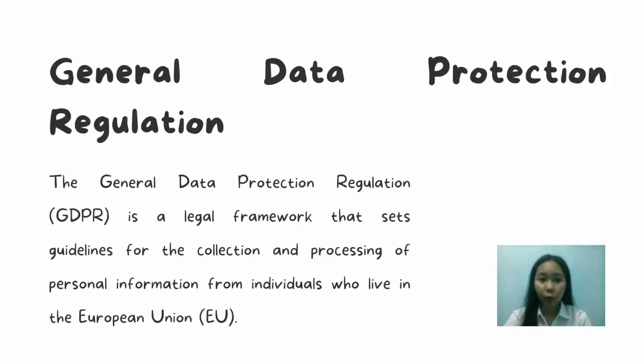Now let's move on to GDPR, or General Data Protection Regulation. It is said to be the toughest privacy and security law in the world. The regulation became effective on May 25, 2018, replacing the data protection directive.